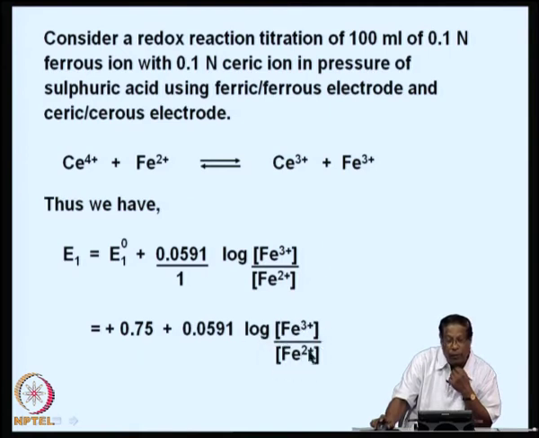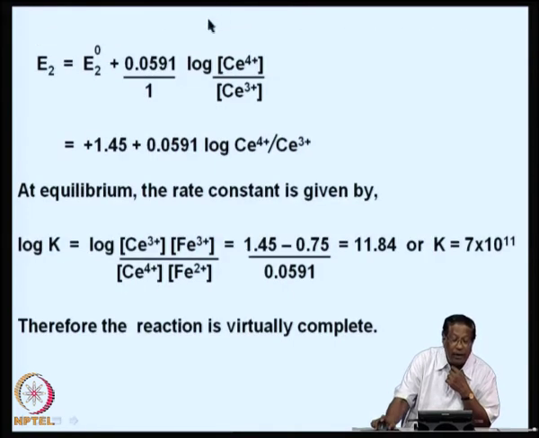I have to write both these equations because both the chemical species are in the form of solutions. Now, a similar reaction I can write with 1.45, that is the E naught value for ceric cerous, and ceric cerous I can write here. Again you would remember that both the species are in solution.